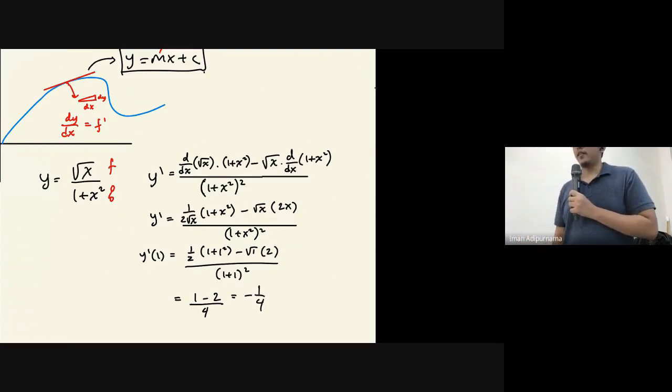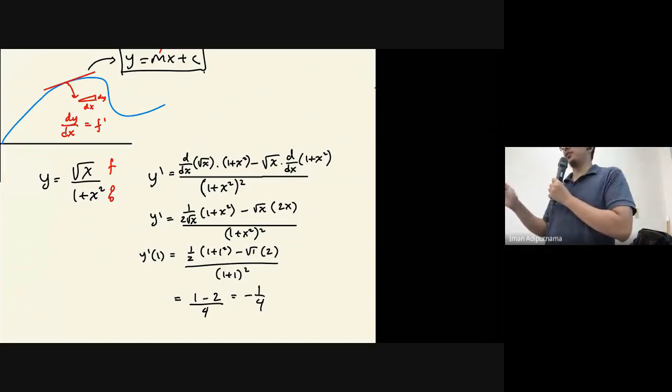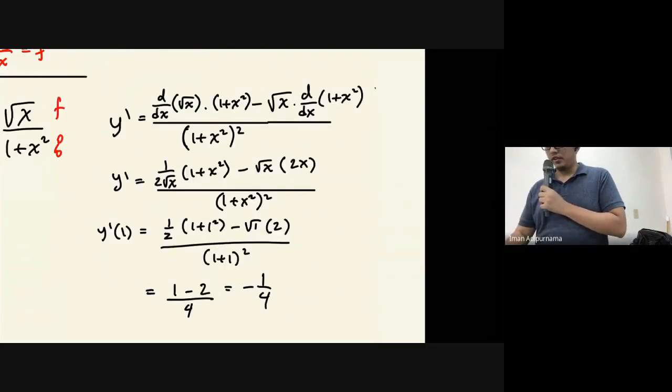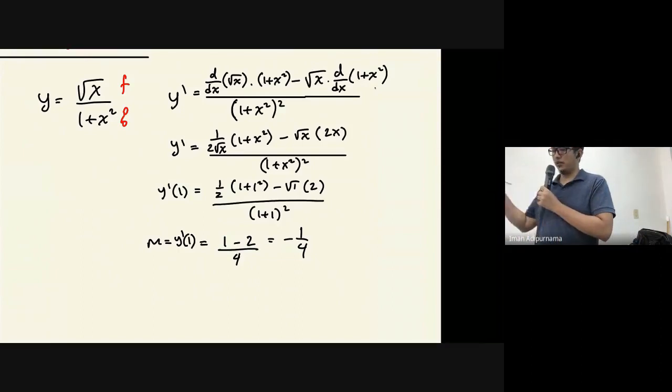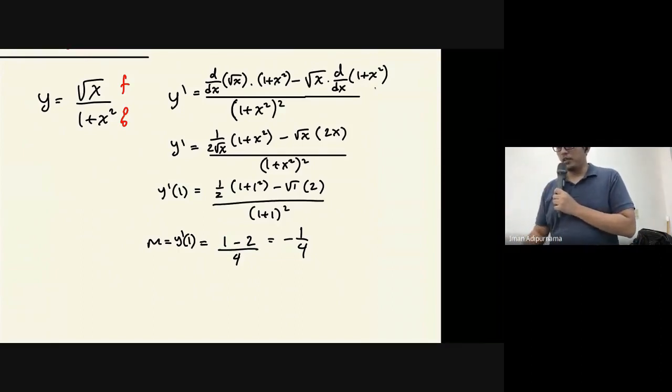Remember the questions: if the question is not asking to simplify any form, and you can plug in the x easily, just plug in the x and you get the gradient of the tangent. So the gradient, or the first derivative at x equals 1, is -1/4.